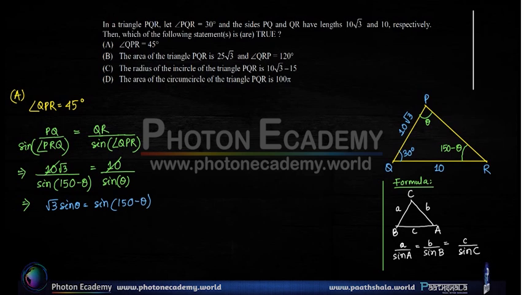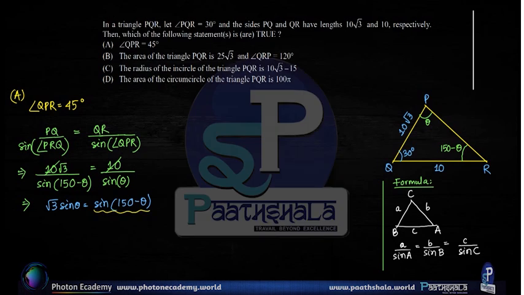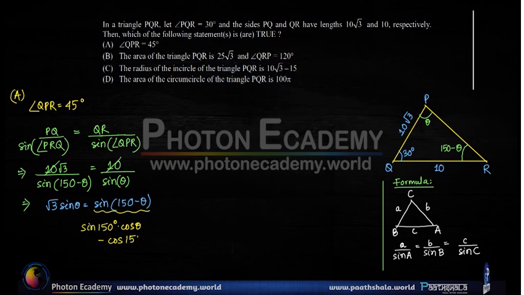Expanding sine of 150 minus theta by the sine of A minus B rule, we have sine of 150 minus theta is sine of 150 degrees into cos theta minus cos of 150 degrees into sine theta, and the LHS is the same, which is root 3 sine theta.